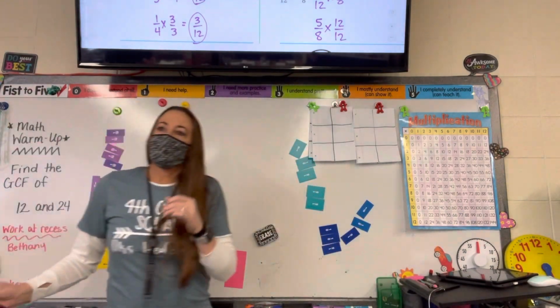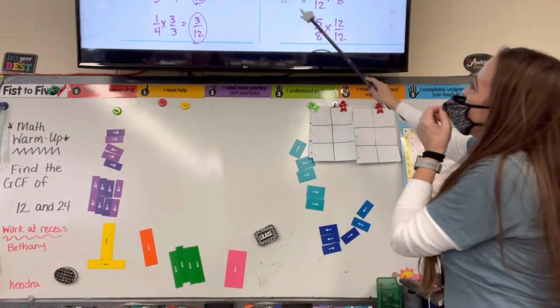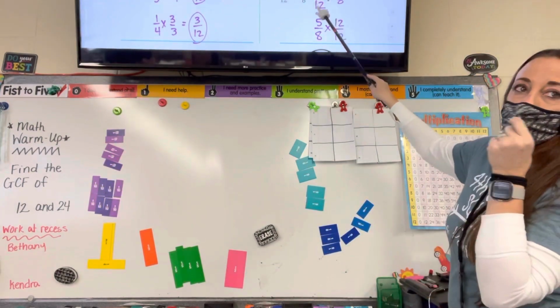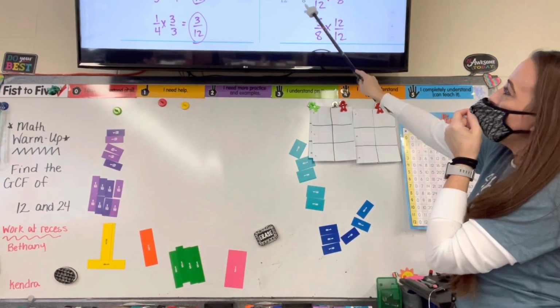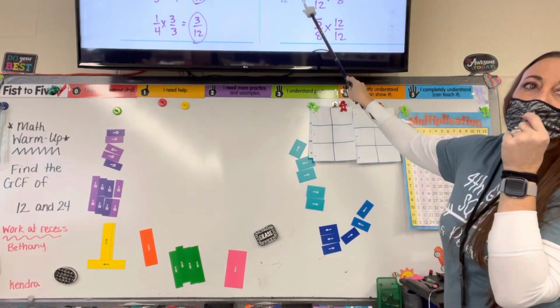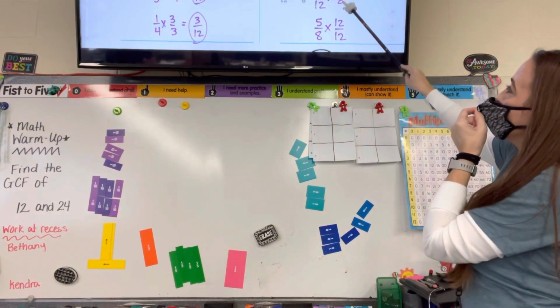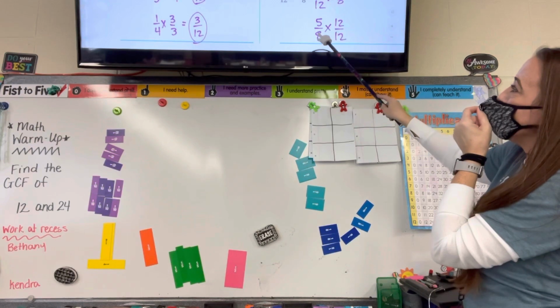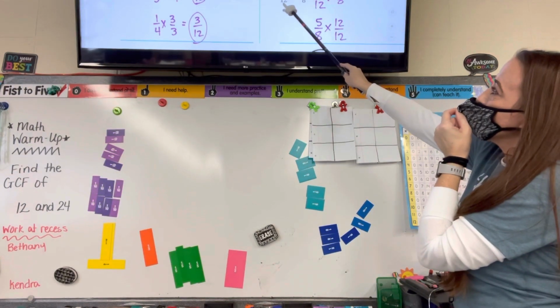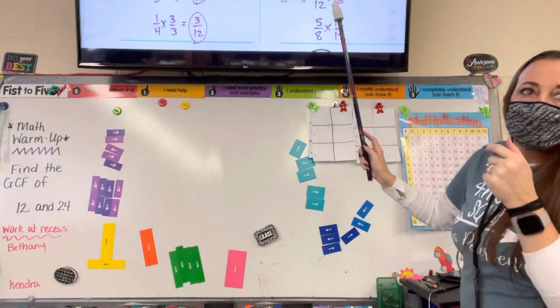Do you guys see what I'm doing? Yes. Dakota, what am I doing? So I'm taking my first fraction, 4/12, and multiplying it by the other fraction's denominator, 8 over 8. Then I'm taking 5/8 and multiplying it by the first fraction's denominator. Does that make sense?